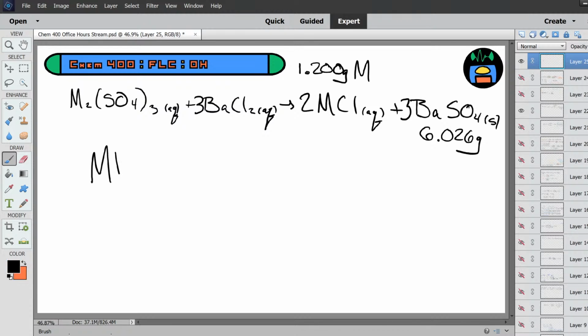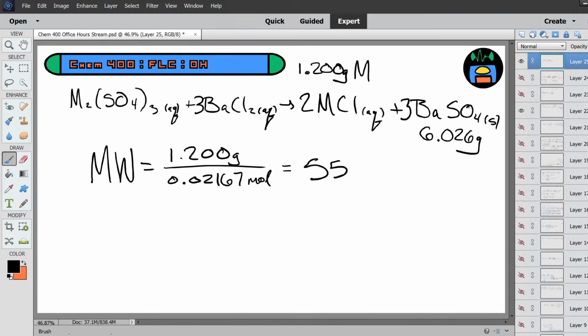For our molecular weight, we take our mass, 1.200 grams, over 0.02167 moles. And we punch in our numbers to get a molecular weight of 55.38 grams per mole.